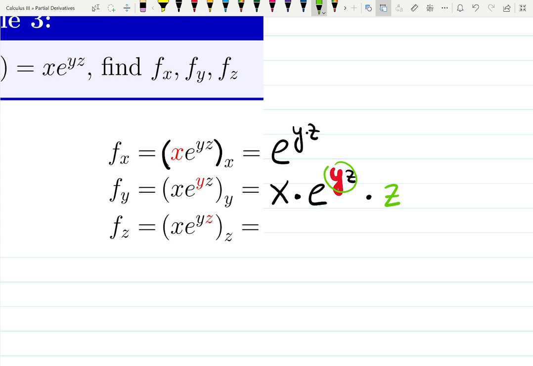But y is multiplied by the constant z. Chain rule tells you copy and then multiply by the derivative of the function inside. So let me put a note. This is chain rule, your favorite rule. Chain rule says look in the exponent and see a constant there. Y is multiplied by z. Z is a constant, so the derivative of yz will be z.